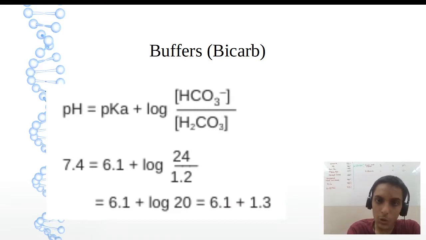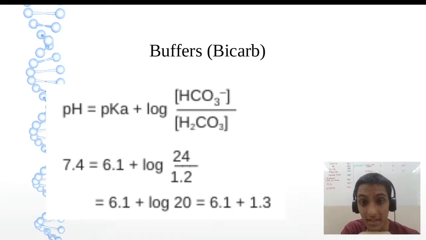Normal is 22 to 26 millimoles per liter. Carbonic acid 1.2, normal is around 1 to 2. And pKa is 6.1. Substitute all this, we will get the ratio of bicarb ion by carbonic acid as 20 by 1, and the final result will be 7.4.